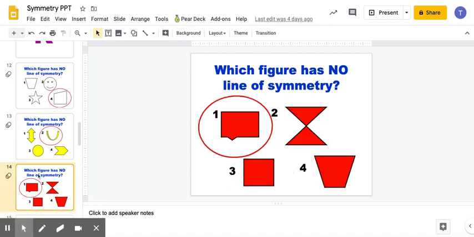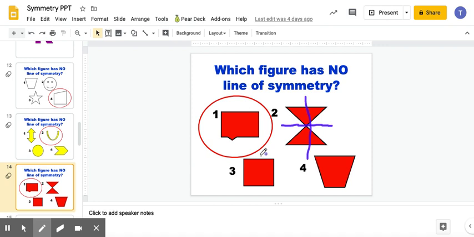Which figure has no line of symmetry? Again, number 1, there's no way that I can draw a line to make that have a line of symmetry. However, number 2, I can draw a line there and make it have a line of symmetry. I can draw a line there and make it have a line of symmetry.